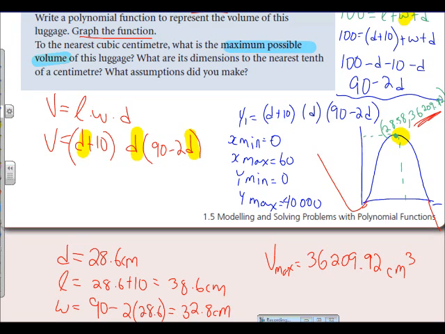What assumptions did we make? Well, we have to make that one assumption that this is a rectangular prism, that there's no curved corners on this luggage. That's not realistic because they are actually most of the time curved, but we have to make the assumption that it's rectangular with square corners.